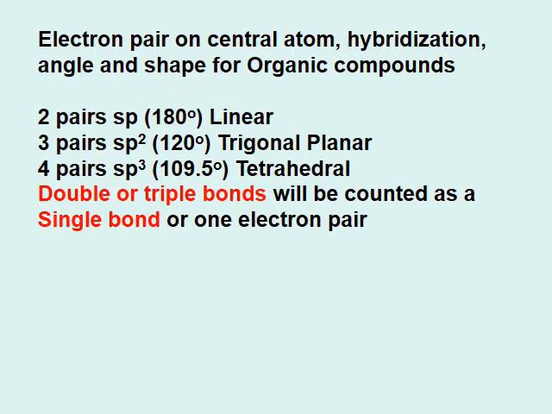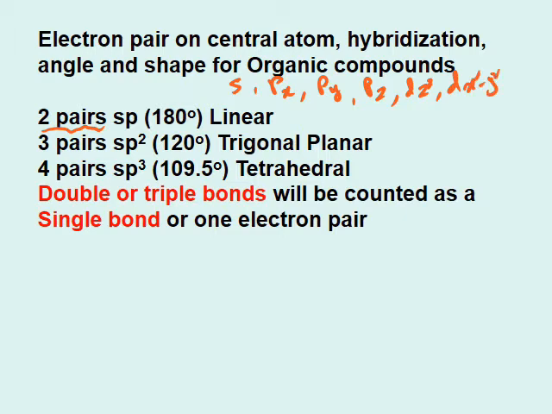Now this would be again a quick way of getting hybridization, bond angles, and shape of the compound. So keep in mind, if there are 2 pairs of electrons, we'd need sp hybridization. Now let me explain to you how this goes. s, px, py, pz, dz squared, dx squared minus y squared.